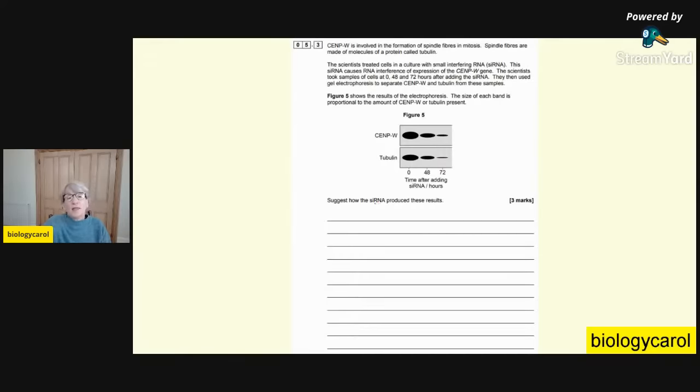Suggest how the siRNA produced these results. Suggest means this is something that you won't have come across before, but they're asking you to apply your knowledge of how siRNA works to how these results were produced.